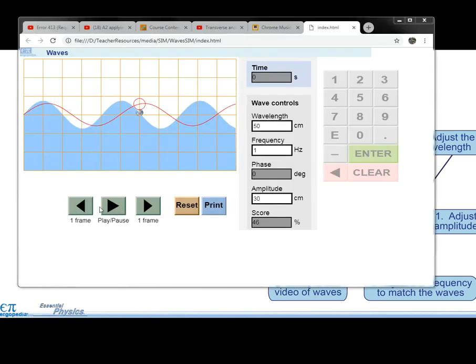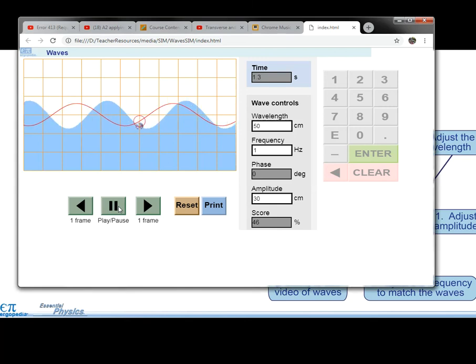This is our simulation here, and we can play this here, and the goal of this game is to change the wavelength. There's a little bit of a janky interface, but I think you can get used to it. If I change the wavelength, so let's say I change it to 100 or so, you can see that this wavelength is getting longer, so I'm obviously too long.